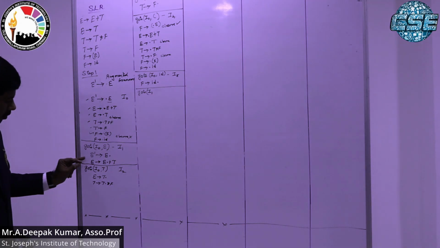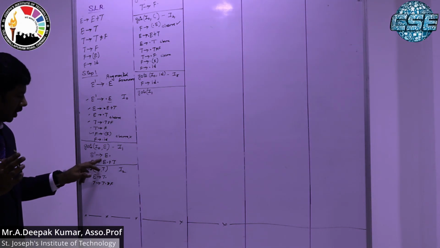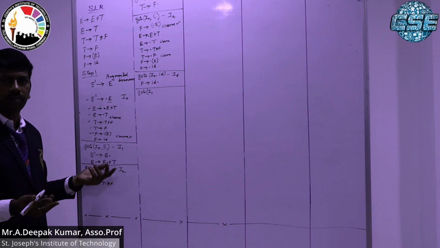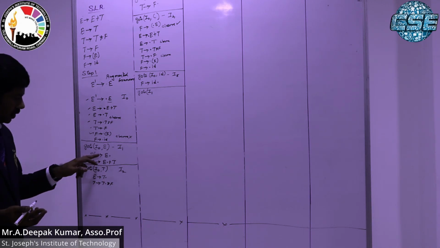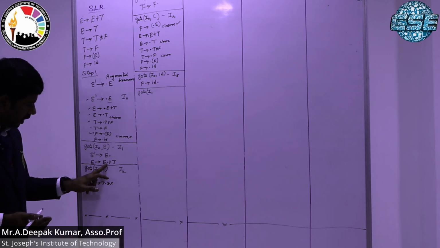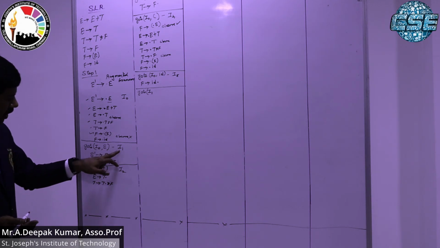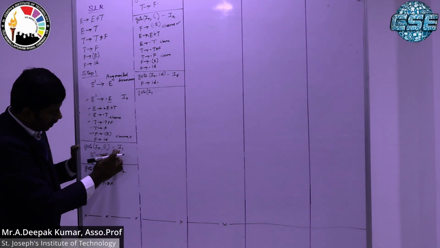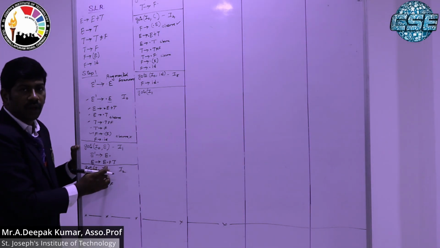Next, in I1 we have two productions. That is E dash derives E dot. As I told you, that is a completed grammar, and no other operations are possible in that. We will discuss further how it is used in the parsing table. Then E derives E dot plus T. This is where we are going to use the go to operation. So we are in state I1, and in I1 the dot has to move one step right of the plus symbol.